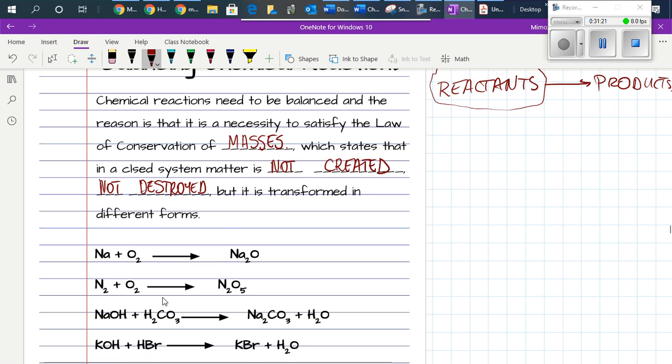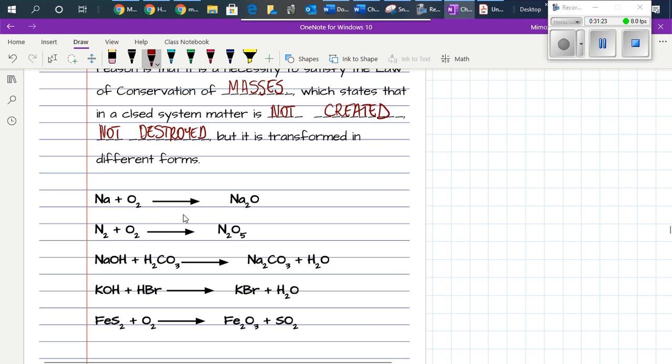Now let's observe what is happening on these cases here. We have sodium and oxygen reacting together to form sodium oxide. If we classify this reaction, it will be a formation reaction because two elements are reacting together to form a compound. But let's see what I mean by balancing and the number of atoms.